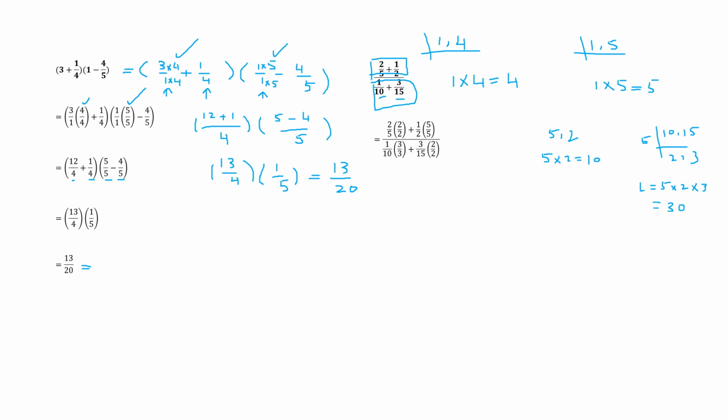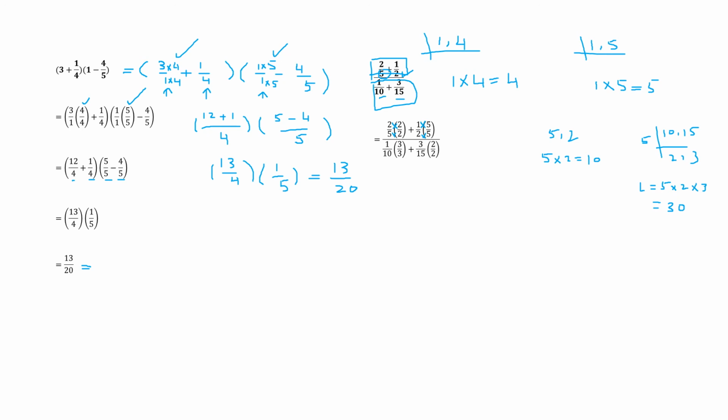Okay. So in the first case, 5 can be made 10 if it is multiplied by 2. Look, so multiplied by 2, then we multiply 2 in the numerator as well. 2 can be made 10 if it is multiplied by 5, so 5 will be multiplied in the numerator as well.